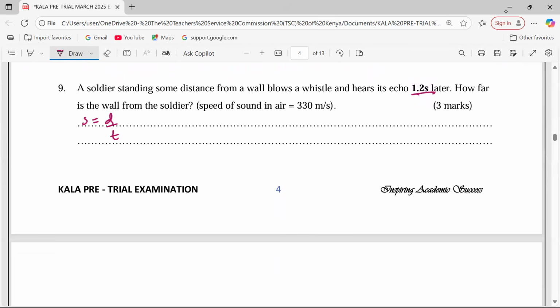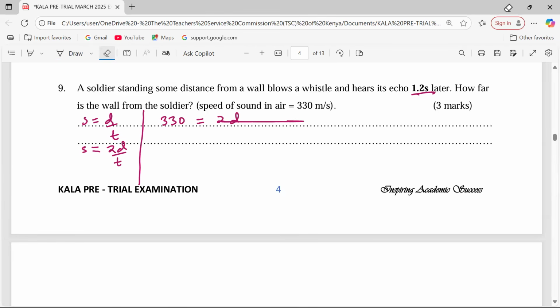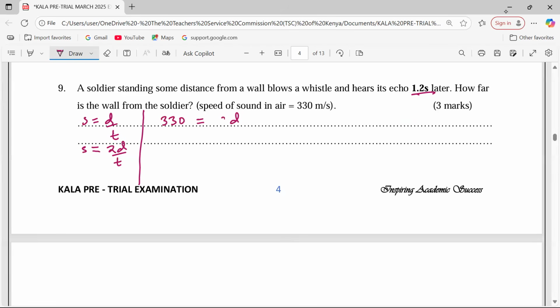But in this particular case, echo, the distance is usually covered twice, because after blowing the whistle, we expect the sound to move to the wall and back to the ears of the soldier. Therefore, speed is given by twice the distance over the time taken. 330 equals twice the distance out of the time taken.